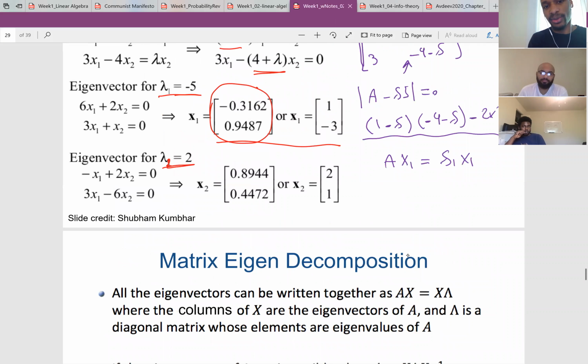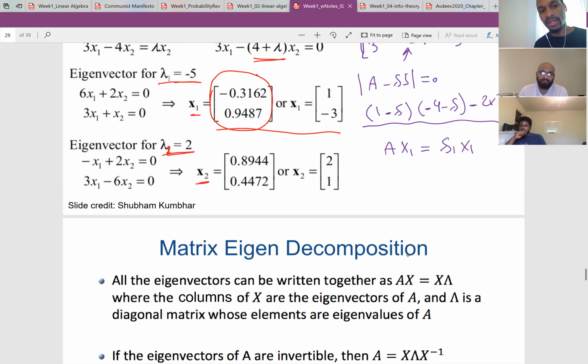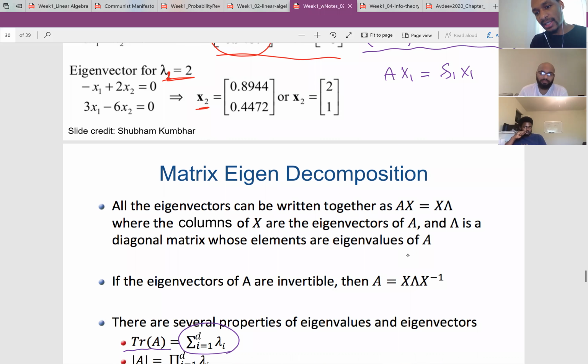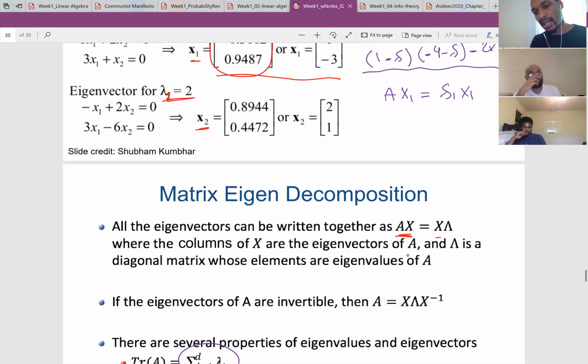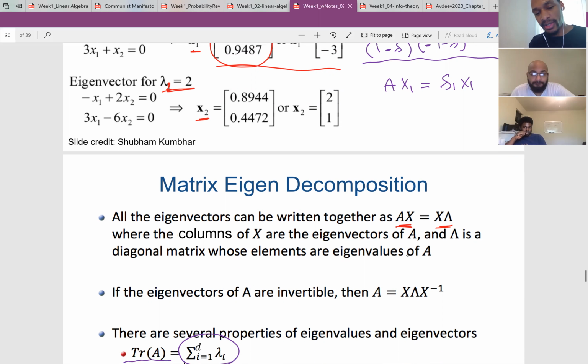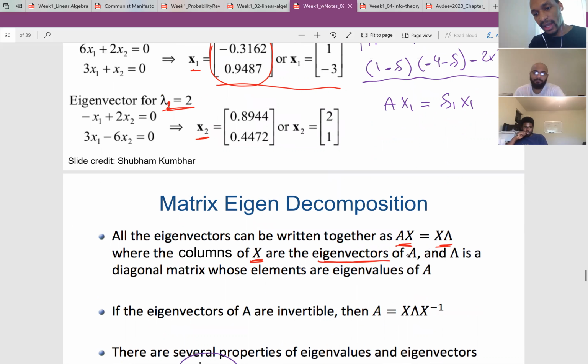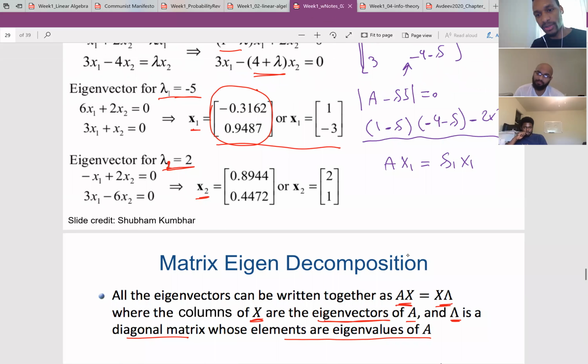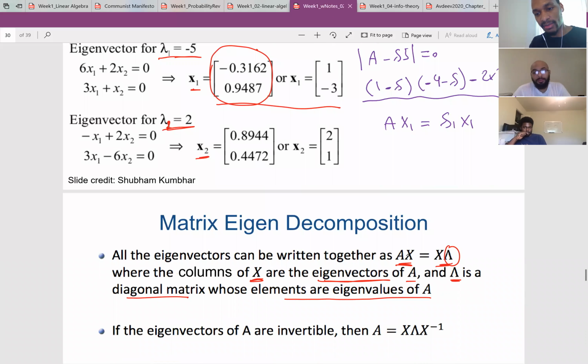These individual vectors from each of the eigenvalues can be written all together in one big matrix equation as A times X equals X times this big lambda matrix, where the columns of X are the eigenvectors that you computed for A, and lambda is a diagonal matrix whose elements are the eigenvalues of A. So you take your eigenvalues, put them in a diagonal matrix, and that's your lambda matrix.